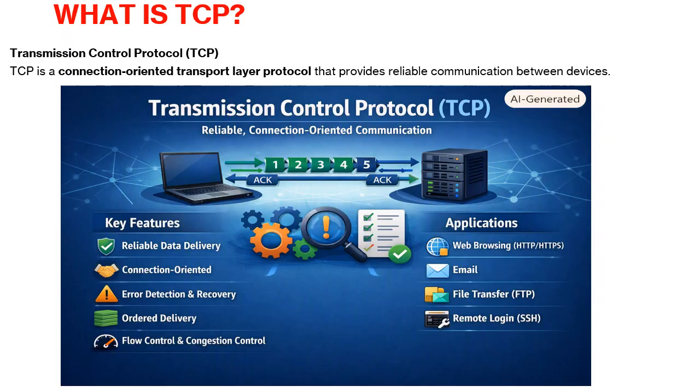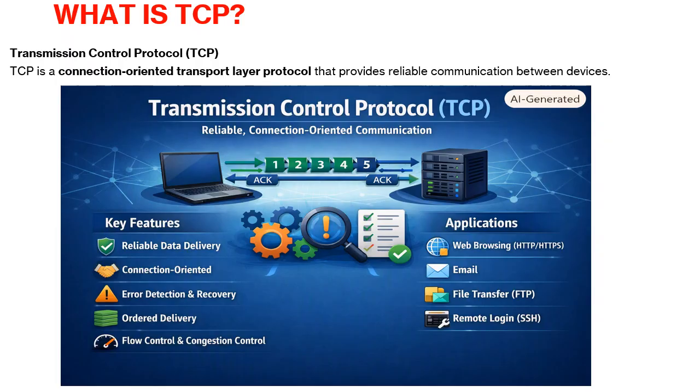TCP guarantees that data reaches the destination successfully, data is delivered in the correct order, lost packets are retransmitted, and duplicate packets are removed. Because of these features, TCP is used by applications like web browsing using HTTP and HTTPS, email services, FTP, and SSH or Secure Shell.